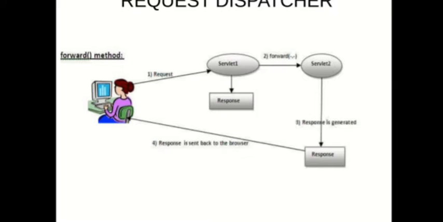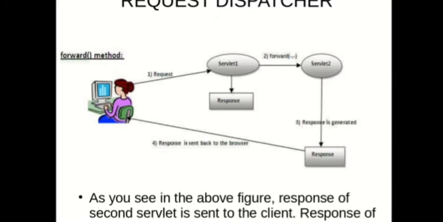Servlet 1 is generating a response, but the response is kept on its side only, and it forwards the request to servlet 2. Then servlet 2 generates a response, and servlet 2's response is sent back to the browser, but servlet 1's response is not sent. So because servlet 1 is forwarding the request to servlet 2, this is the forward method used.